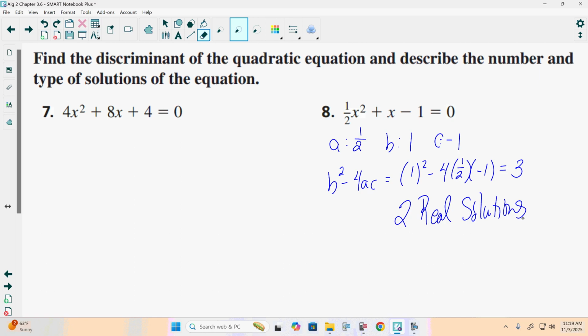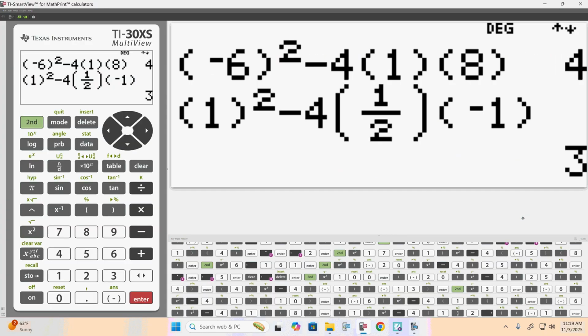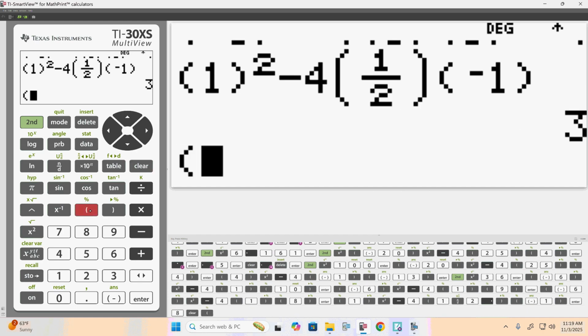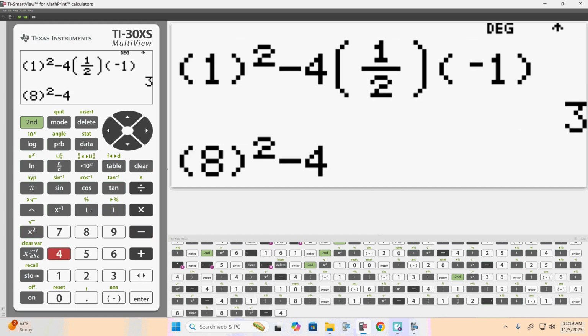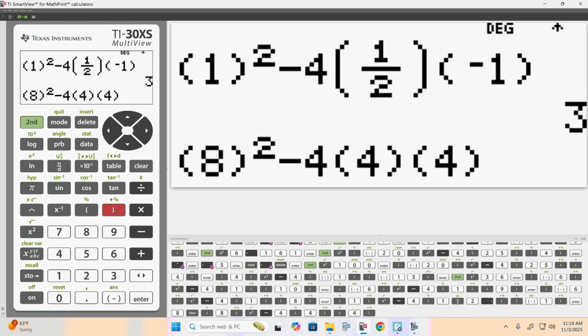I think number 7 technically is going to be 0, one unique solution, because we're looking at 8 squared, which is 64, minus 4 times 4 times 4. Let's just check. 8 squared minus 4 times 4 times 4.